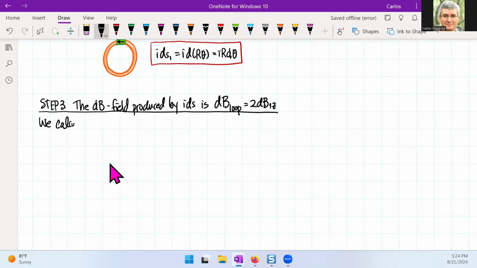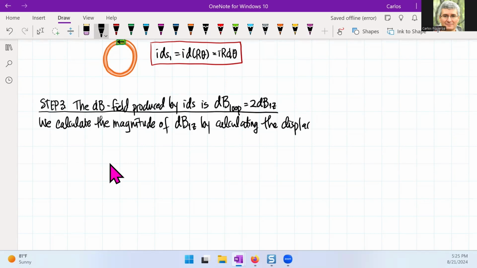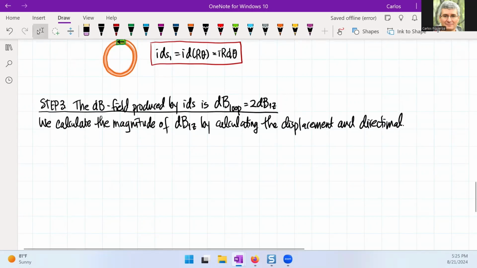We calculate the magnitude of dB1Z by calculating the displacement and direction. So let's go do that.